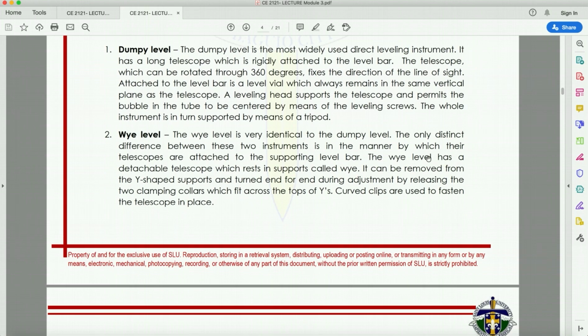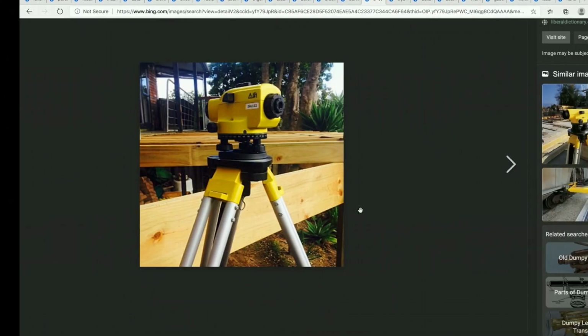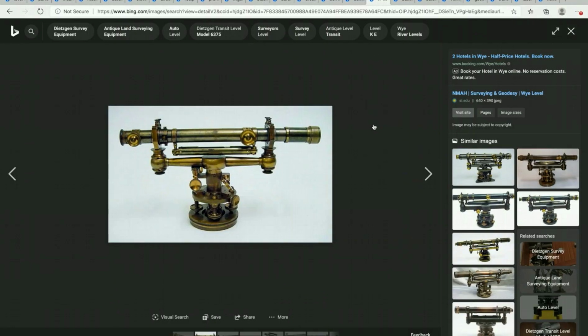The Y level has a detachable telescope which rests in supports called Y. It can be removed from the Y-shaped supports and turned end for end during adjustment by releasing the two clamping collars which fit across the tops of the Ys. Curved clips are used to fasten the telescope in place. So this is how a Y level looks like.